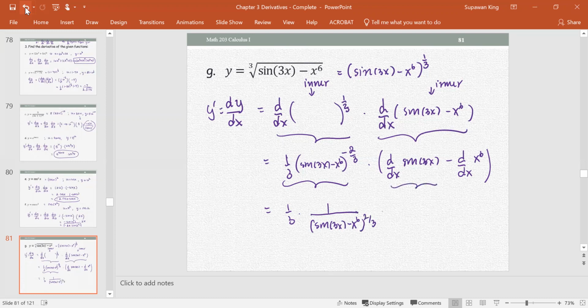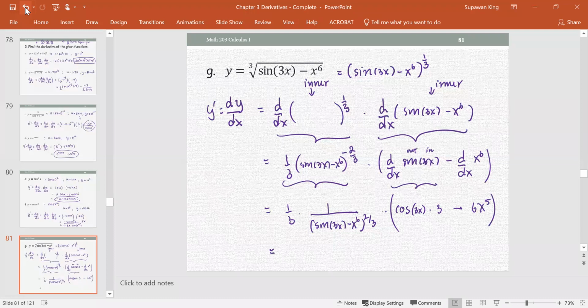The derivative of sine of 3x is another composite function. The outer function is the sine function. The inner function is 3x. So we can use the derivative of sine x, which is the cosine of the input, multiplied by the derivative of the input, which is 3, minus the derivative of x to the 6, which is 6x to the 5th.